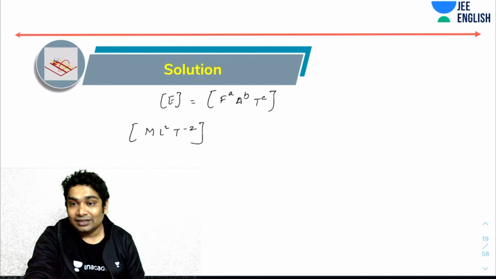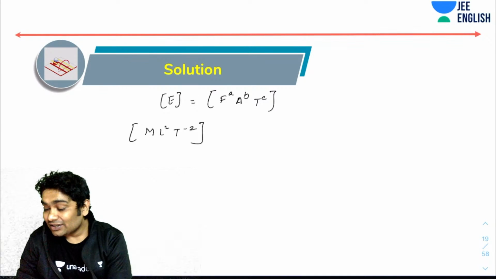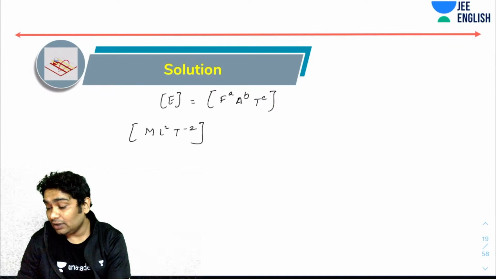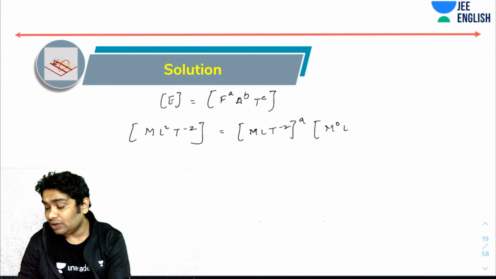I hope you guys remember this, that these would be the dimensions of energy, M L square T to the power minus 2. Similarly, the dimensions of force, what would those have been? M L T to the power minus 2, entire thing to the power a. Dimensions of acceleration would have been M to the power 0, L T to the power minus 2, whether it is meter per second square, to the power b. And the dimensions of time, of course, are M0, L0, T1, to the power c.